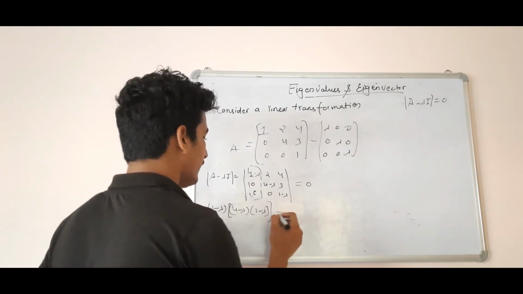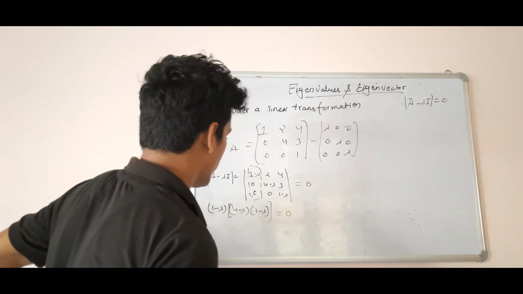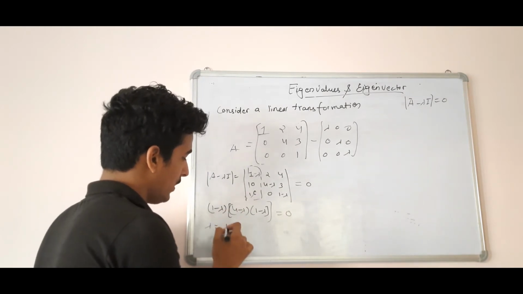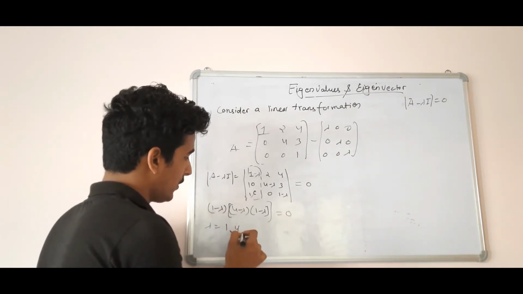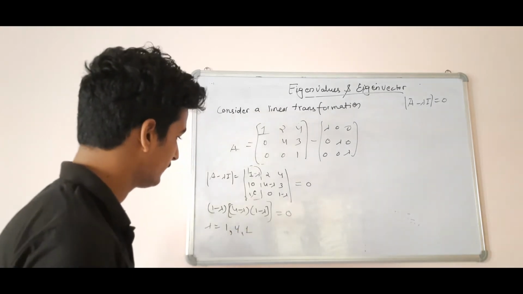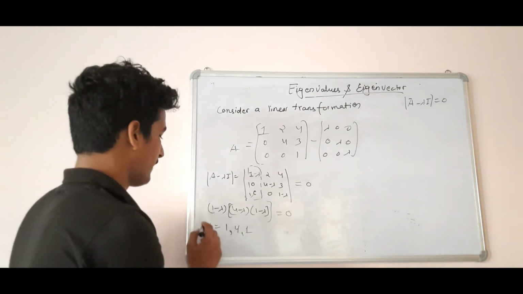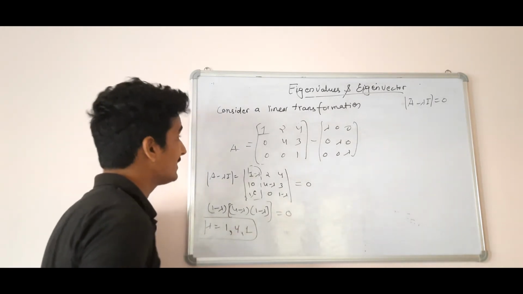So my final equation is (1 minus lambda)(4 minus lambda)(1 minus lambda) equal to 0. Here I find that lambda is equal to 1, 4 and 1. It is a very simple example.